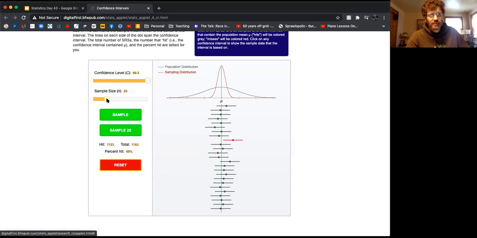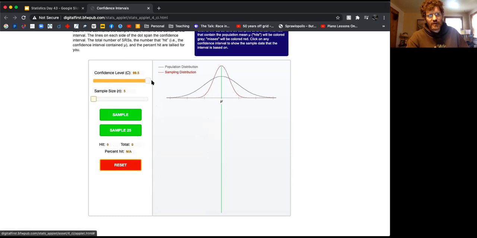Let's now talk about sample size. When I change this, it erases all of our work, but no worries. I'm going to go down to the smallest sample size, and I'm just going to leave this at the 95% confidence level the whole time. All right, so sample size of 5, 95% confidence level. I'll sample a few times. You can just see how wide that confidence interval is.